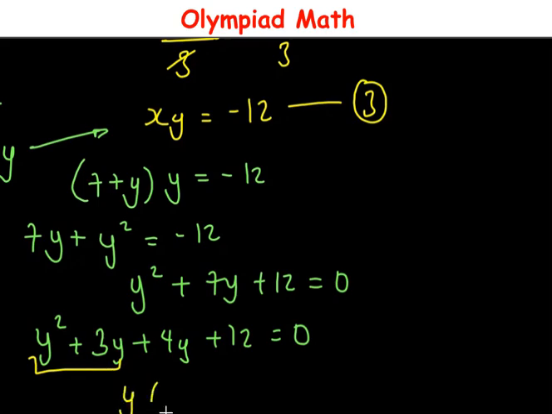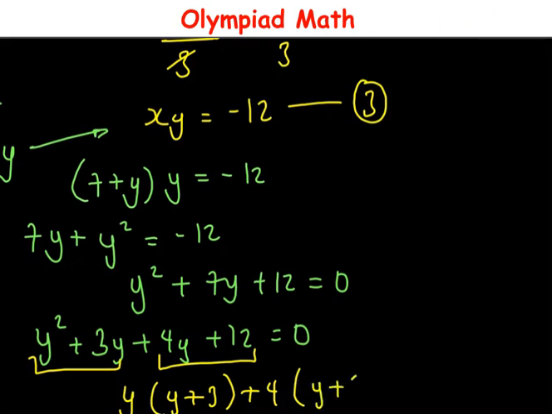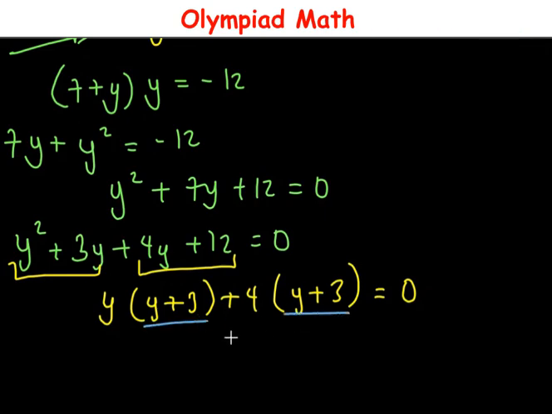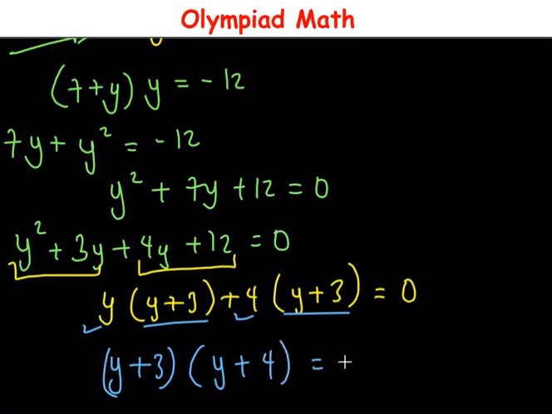We have y into bracket y plus 3, and we can factorize out plus 4 from this, plus 4 into bracket y plus 3, and this equals 0. Looking at this, we have a common factor, which is simply y plus 3. Pick one y plus 3, then y plus 4 in one bracket, and this equals 0.